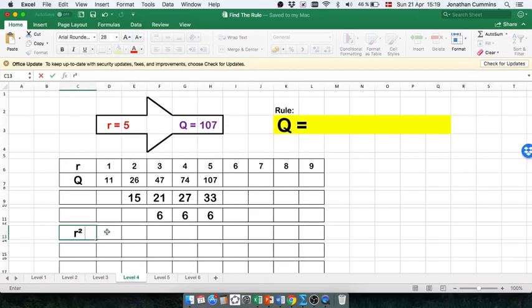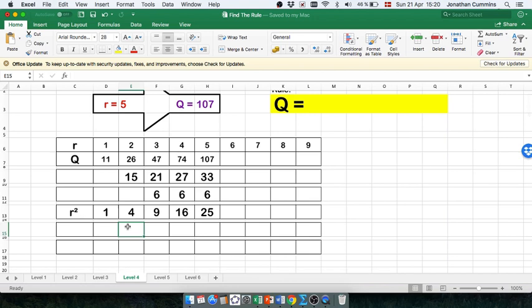Now, if the rule were just r squared, then 1 squared would be 1, 2 squared would be 4, 3 squared would be 9, 4 squared would be 16, and 5 squared would be 25. The differences between the terms would be from 1 to 4 is 3, from 4 to 9 is 5, from 9 to 16 is 7, and from 16 to 25 is 9, and those are going up by 2 every time.